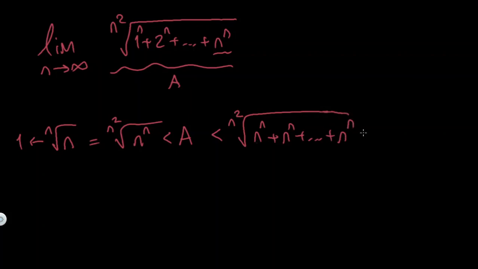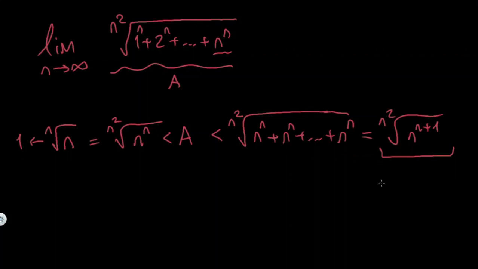So I have n terms, so n times n to the n is going to be n to the n plus 1 over n squared. If I can show that this thing has the limit of 1, then I'm done. But let's do one more step.